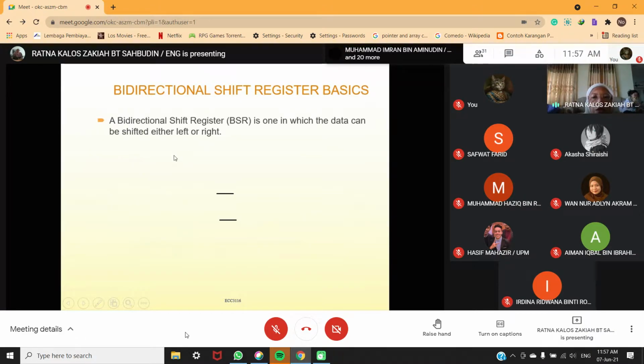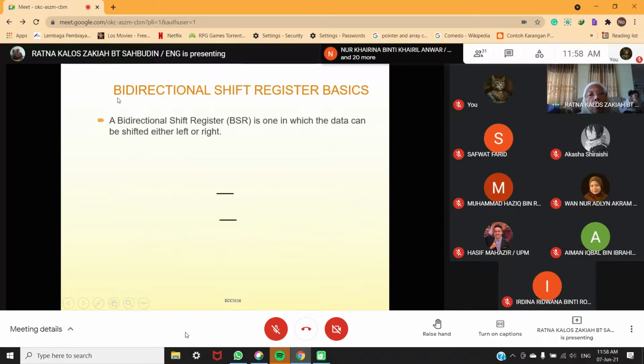Okay, bidirectional shift register, which we label as BSR, is one in which the data can be shifted either to the right or to the left. Because it says bidirectional, it can move two ways.